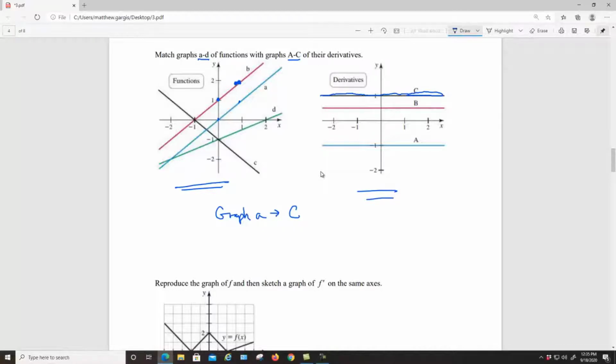That would also match the derivative graph capital C. So graph b is also C. Now graph lowercase c. It looks like we're going from here to here, so I would go down 1 and to the right 1. So it has a slope of -1. Well, y equals -1 is over here, and the derivative is A.